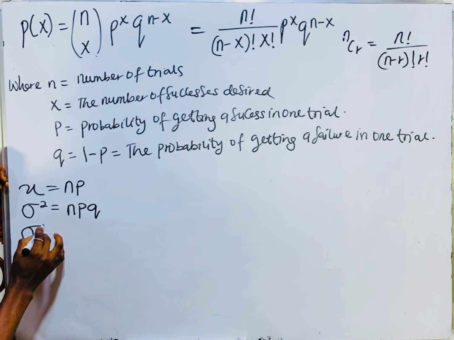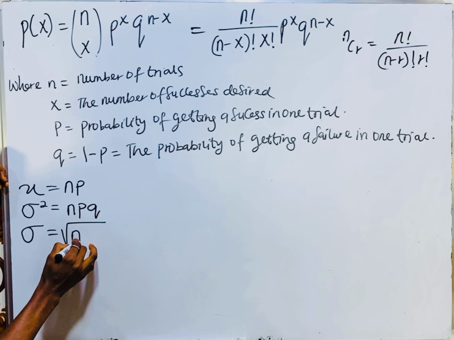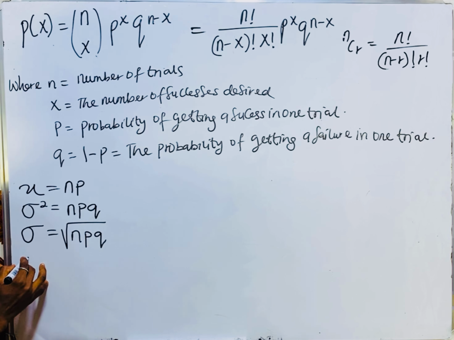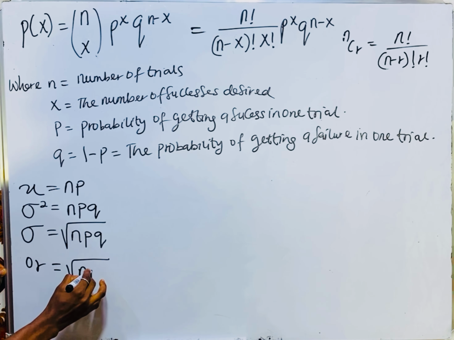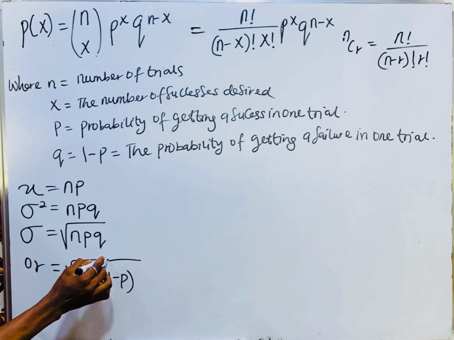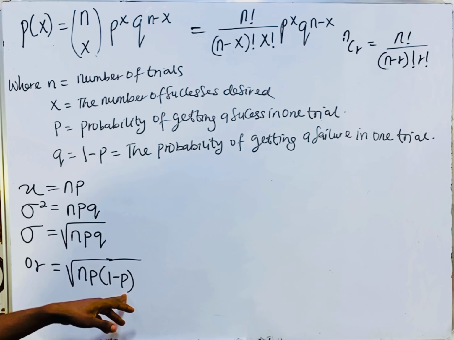Then our formula for standard deviation, denoted as sigma, is the square root of n times p times q, or you can still write it as the square root of n times p times 1 minus p. So they're still the same thing. So this is the formula. You know that q is 1 minus p, right?